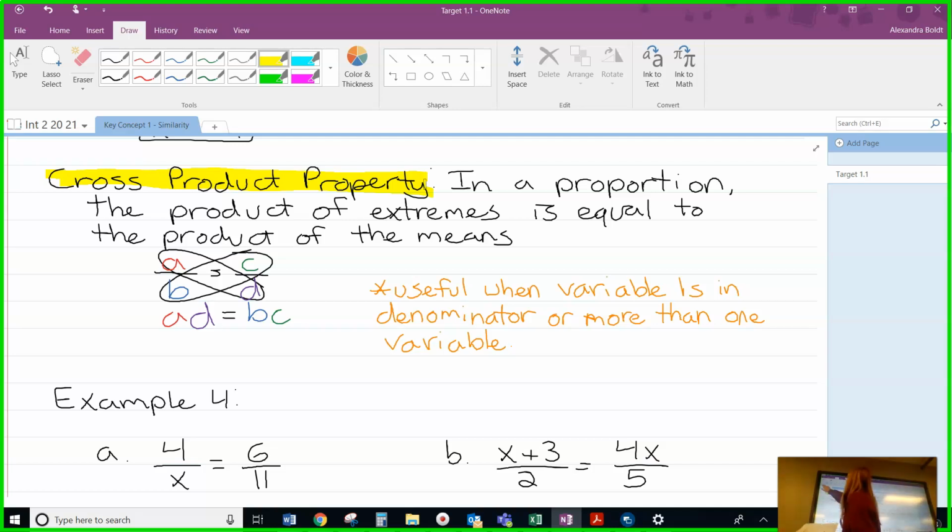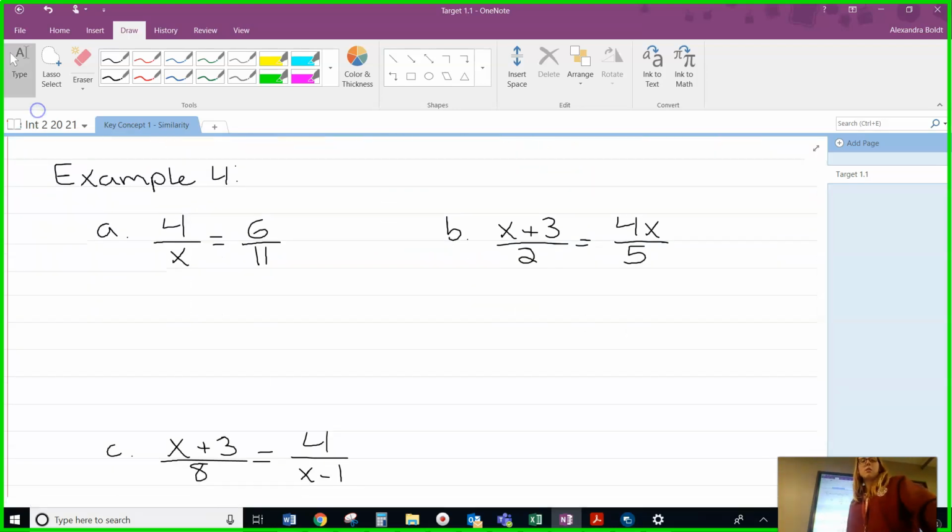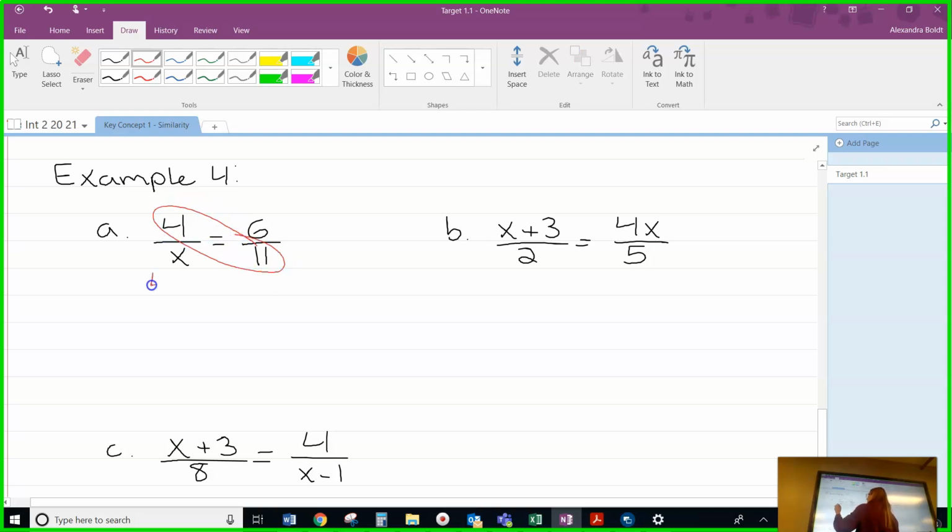All right, so let's look at example 4. We have A, B, and C. Example 4A. Again, I'm going to multiply 4 times 11, and I'm going to multiply x times 6.